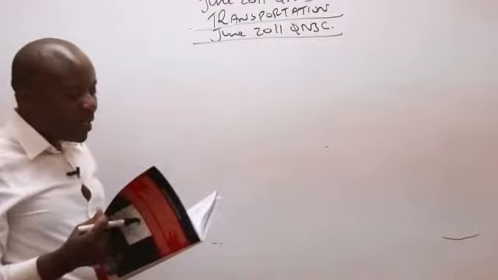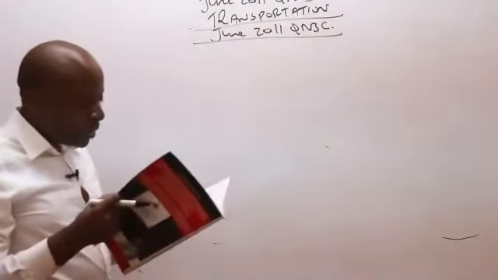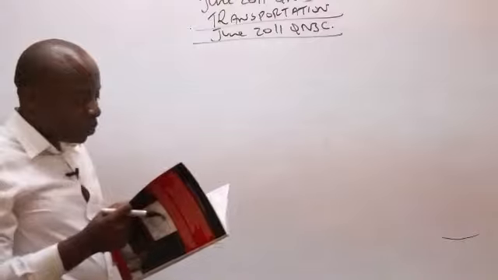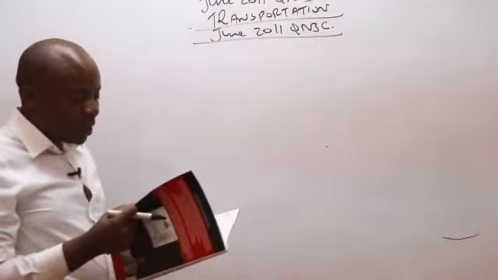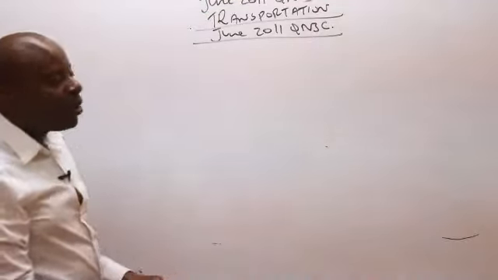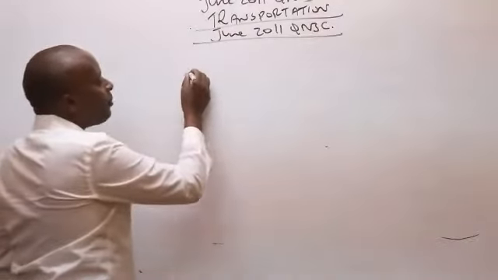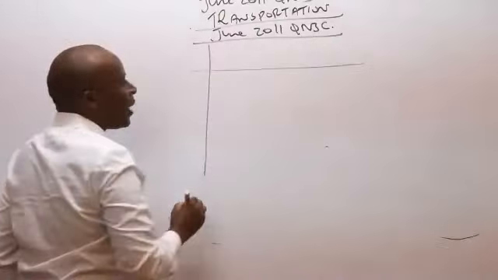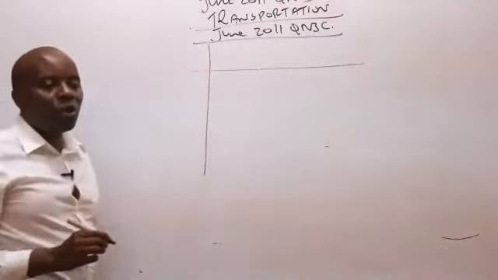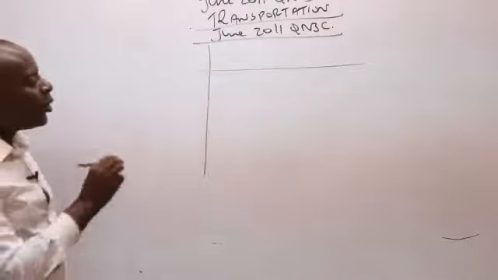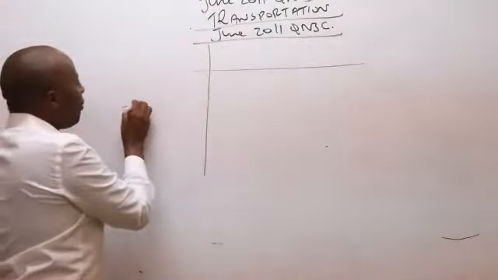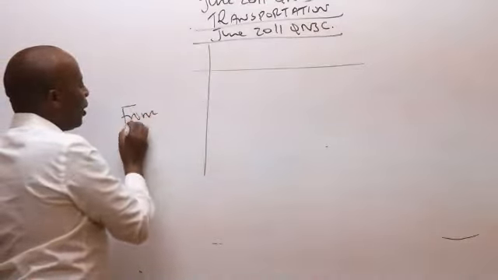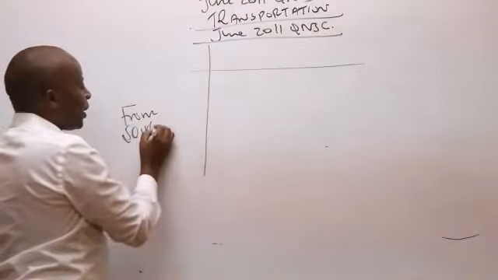Ladies and gentlemen, once I get this kind of question which needs me to give the minimum total transportation cost using Vogel's approximation method, what am I supposed to do? First of all, I start by giving a general transportation structure. In a general transportation structure, we have what we call our sources, going to destinations.